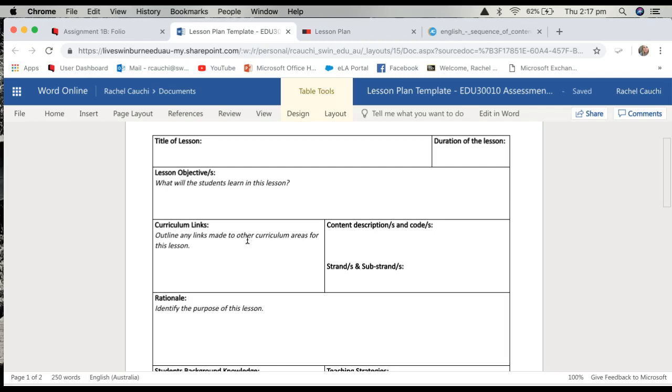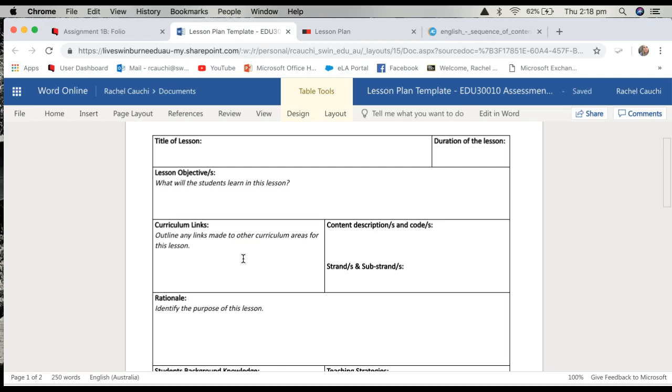And we often cover a lot of those inquiry elements through our literacy as well. So if you were learning about the First Fleet, or about inclusion and diversity for people with special needs and disabilities, or about sustainability and design, or science, there could be some other curriculum areas that are being covered within your lesson.